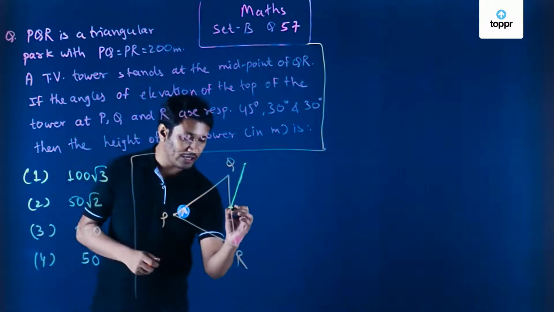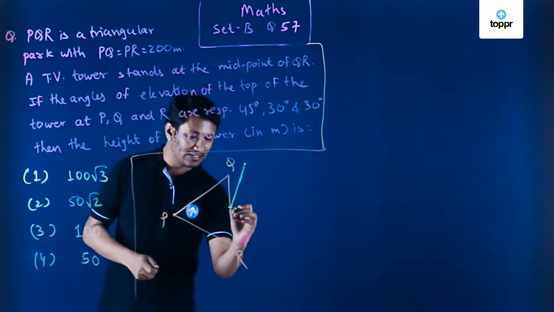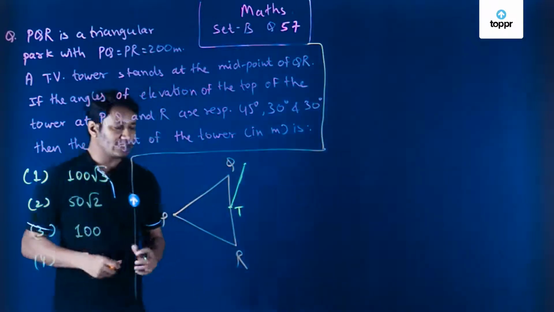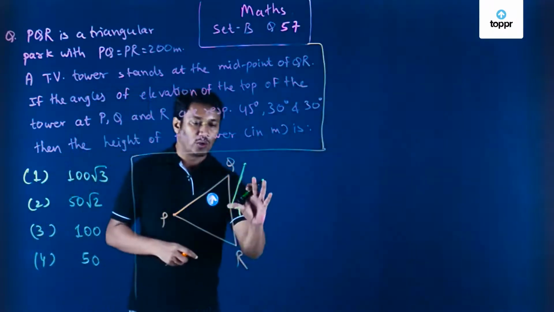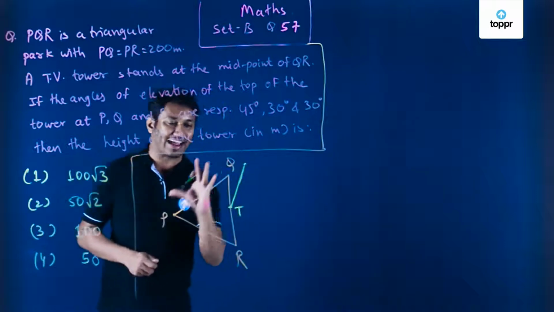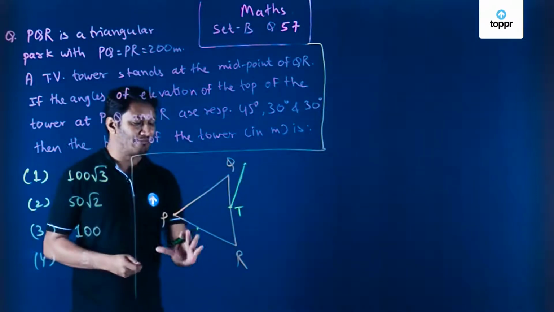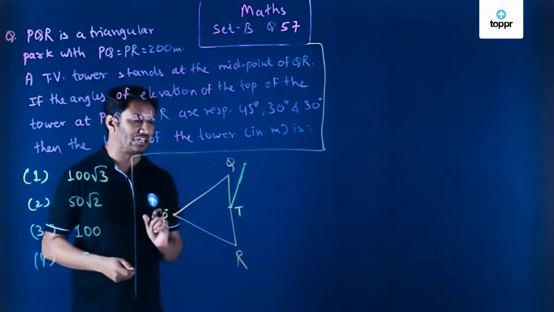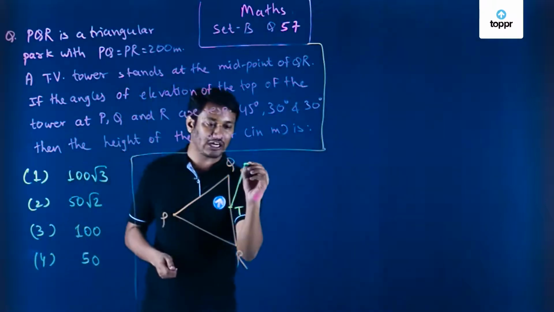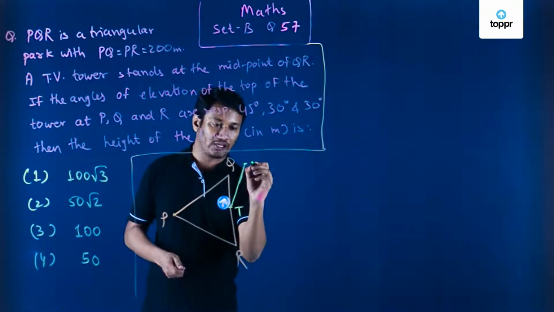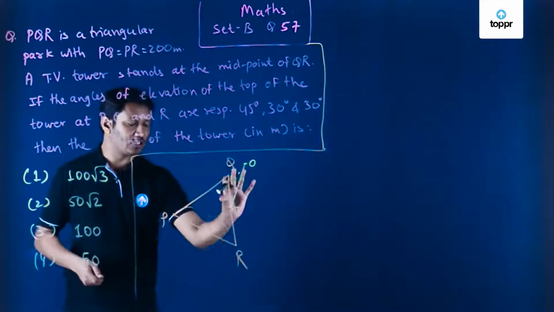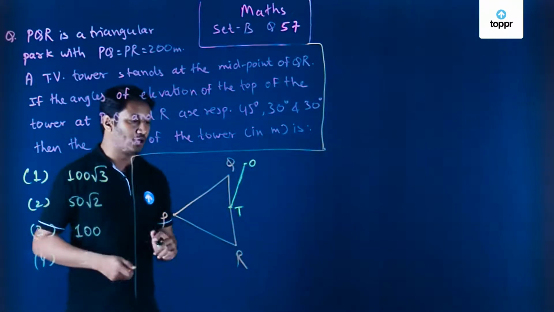So let me also name this midpoint of QR as, let's say, point T. So now let's try to understand what are the different triangles that are formed and that can be used in finding out the height of the tower. Let me call top of the tower as point O. So tower is starting from point T up to point O.